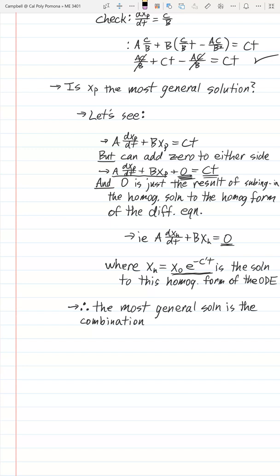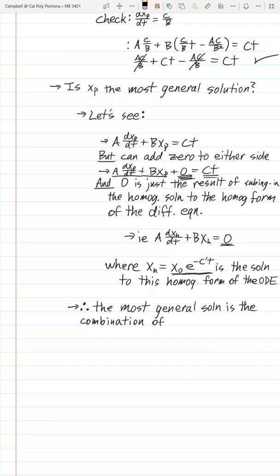We have a second order system, we may have exponential, we may have oscillatory, we may have a combination of the two. And so this homogeneous portion of the response is what allows us to see how the nature of the system is impacting the overall response, not just the forcing function. Okay, so therefore, most general solution is a combination of the two.